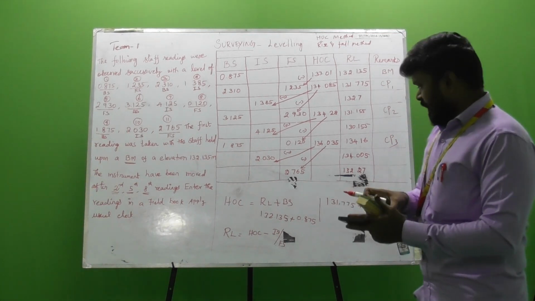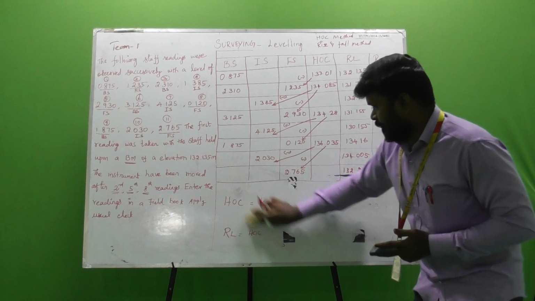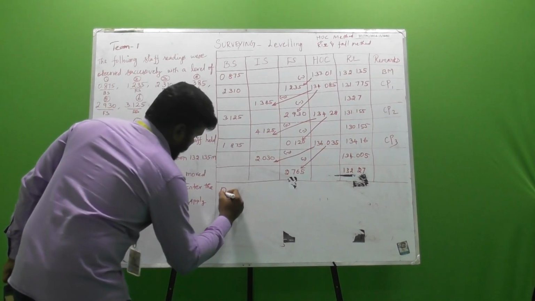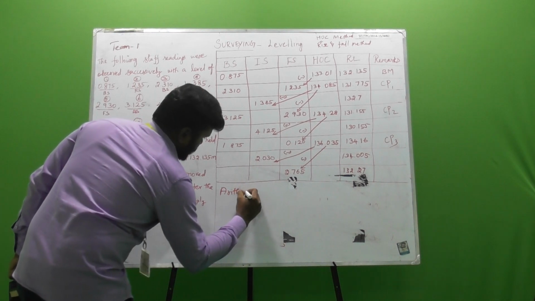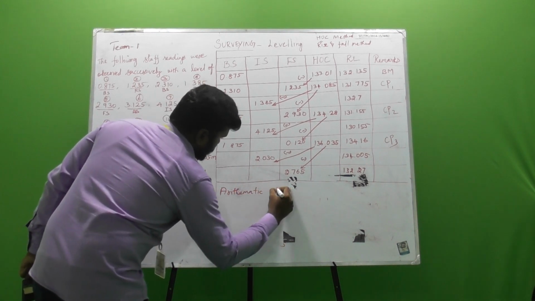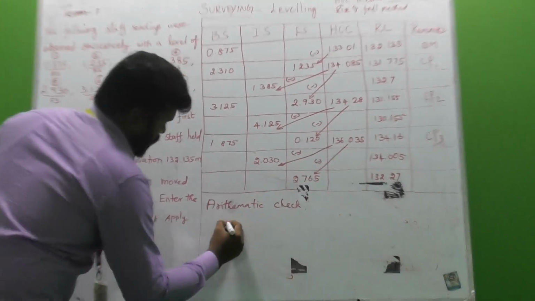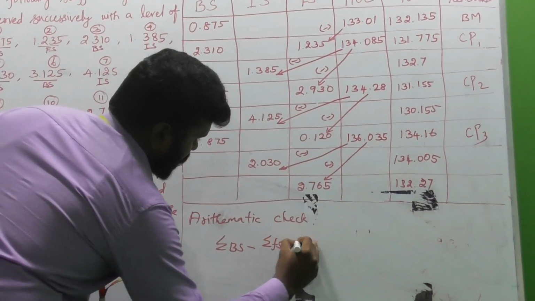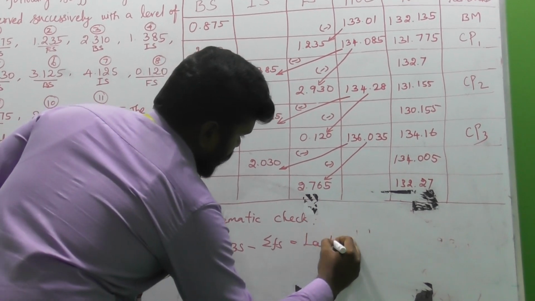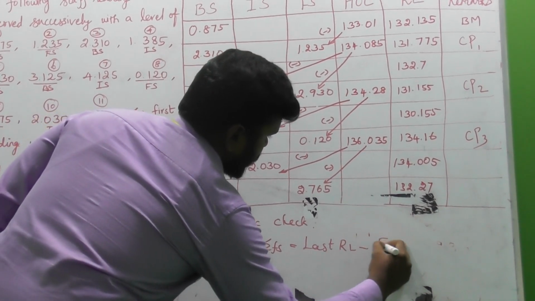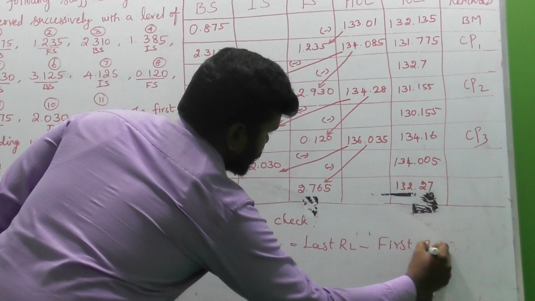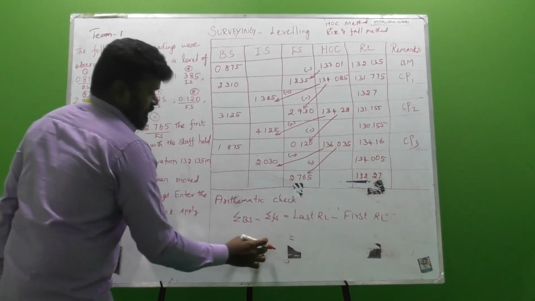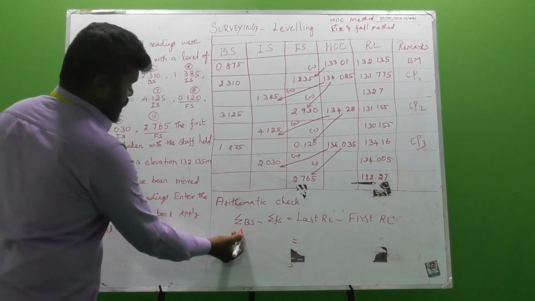Finally, we check the arithmetic. How will you find the arithmetic check? Summation of BS minus summation of FS is equal to last RL minus first RL. This is the check formula. Both sides should have the same value. So how will you find the summation of BS?